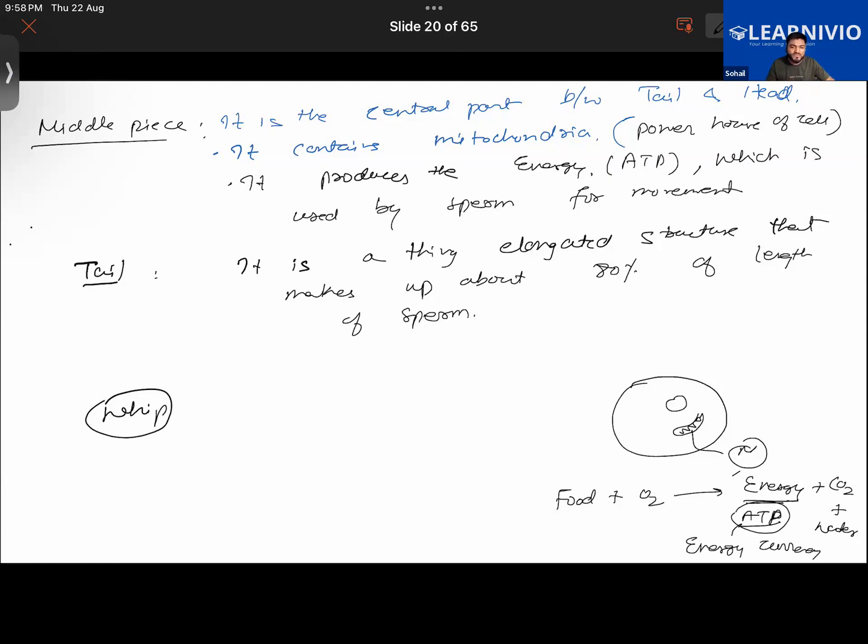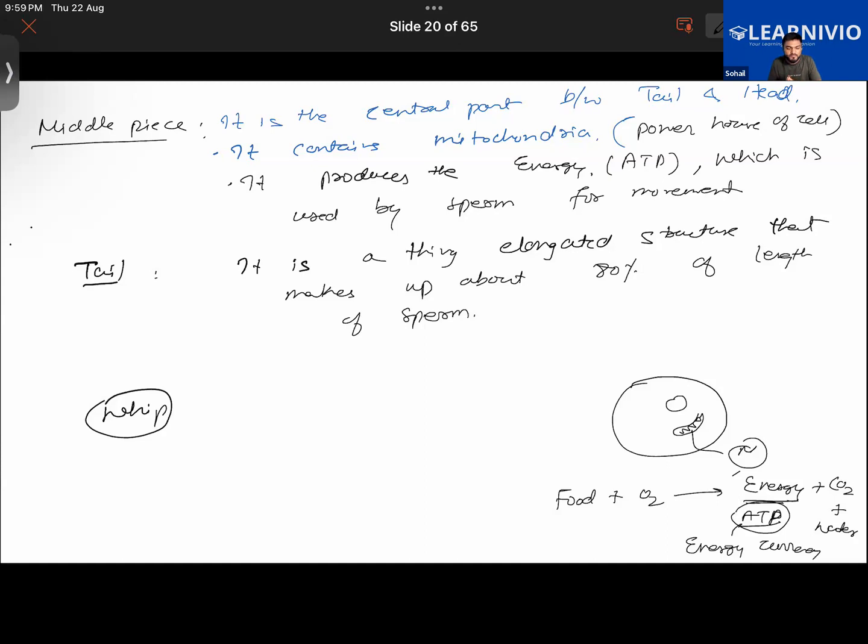If someone had committed a crime, they would be punished with a whip. You see how the tail of the whip moves? When you fling the whip in the air, you have seen how the tail moves. Similar to that, the tail of the sperm moves back and forth in a whip-like motion.